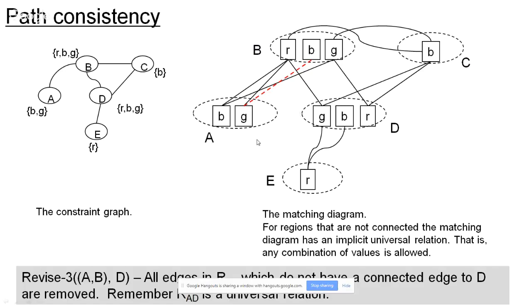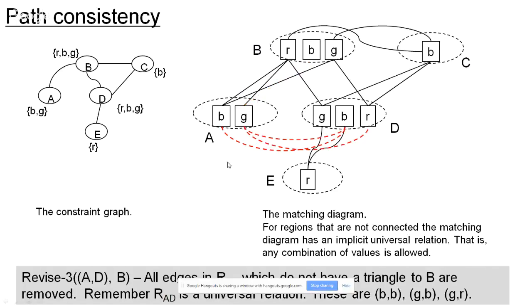But nevertheless, with all those combinations being allowed, we still cannot complete a triangle by choosing blue for B and green for A, because this blue doesn't have an edge going into D, and that edge was removed in the previous call to revise, and it said that if you choose blue here, you cannot choose anything else. So you end up removing this red edge from the relation AB, and now the graph looks like this.